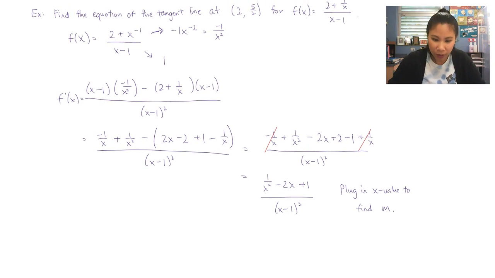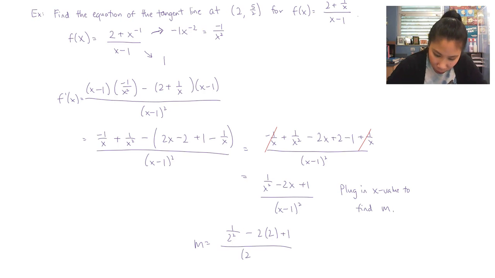Okay, so the x value they told me to use was 2 because the point that they want in this line is 2 comma 5 over 2. So we're plugging in x equals 2 to find the slope. So 1 over 2 squared minus 2 times 2 plus 1 over 2 minus 1 squared.